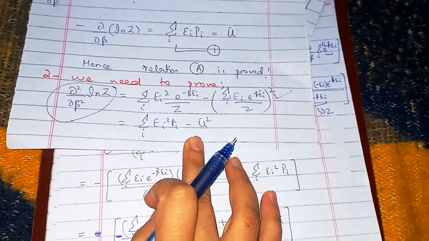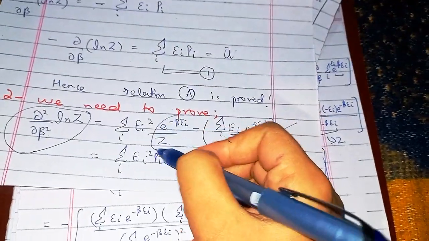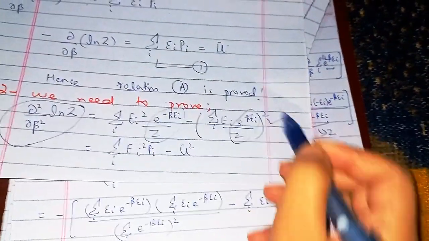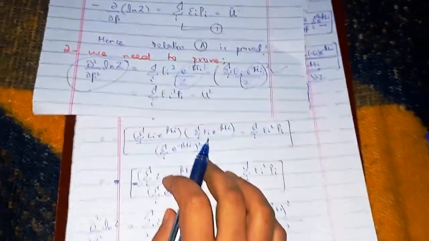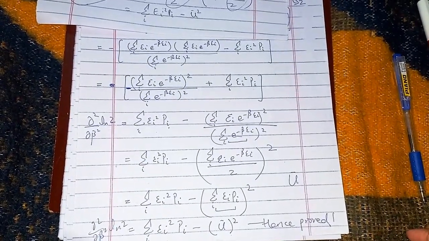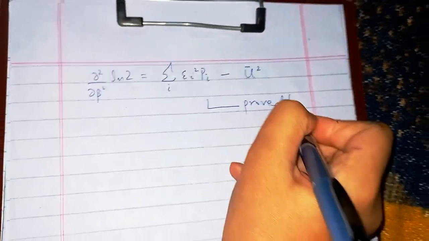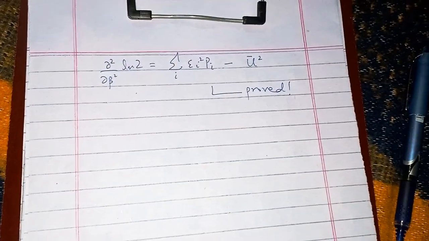That was super easy, and this was pi and this was pi as well. The second relation is proved. Now let's prove the third relation.